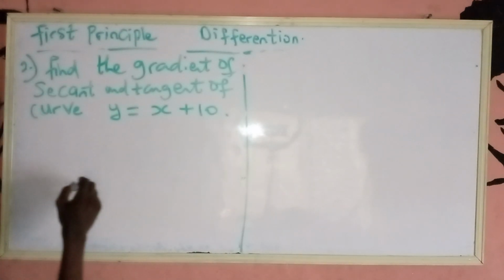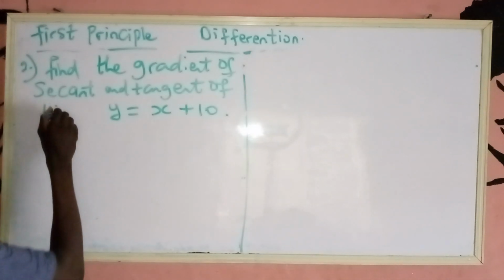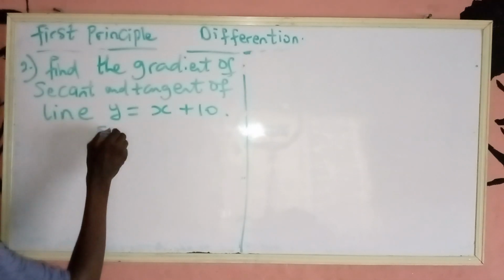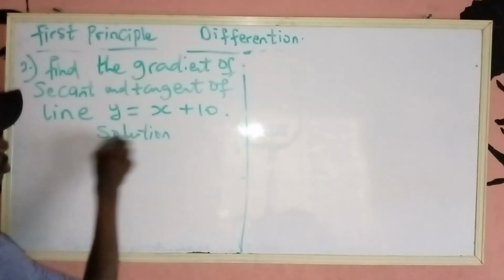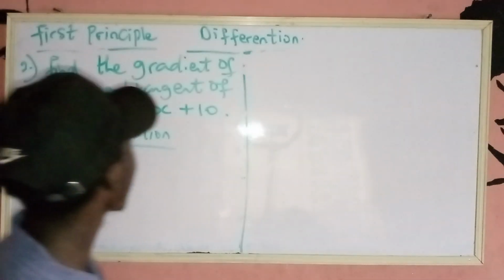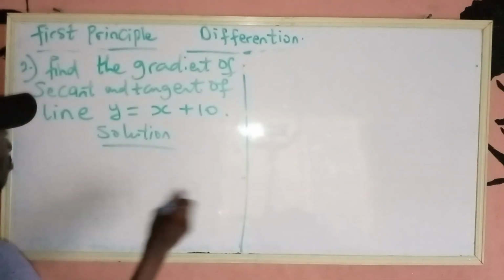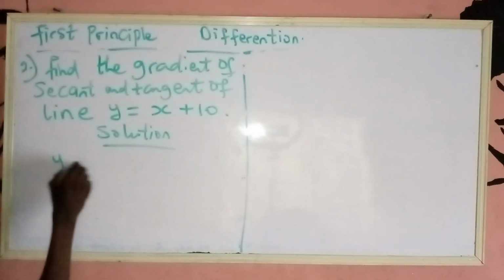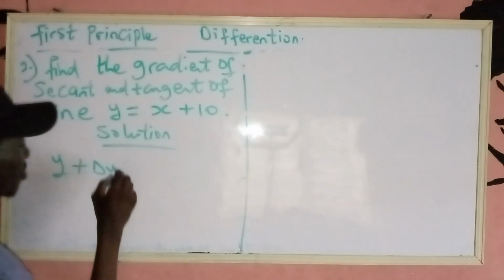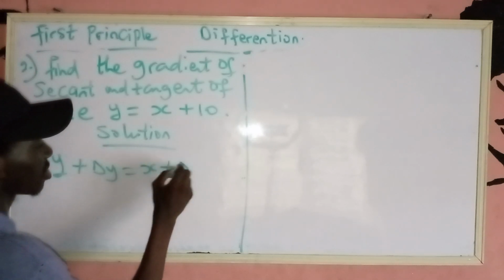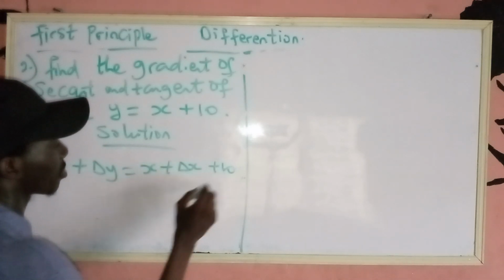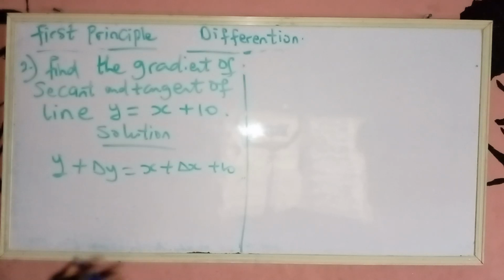Let's do that. So I'll be using a line here. So we have to find the gradient of the secant and tangent of this line y is equals to x plus 10. So that becomes y plus change in y, and here becomes x plus change in x plus 10. That's the first step you do.